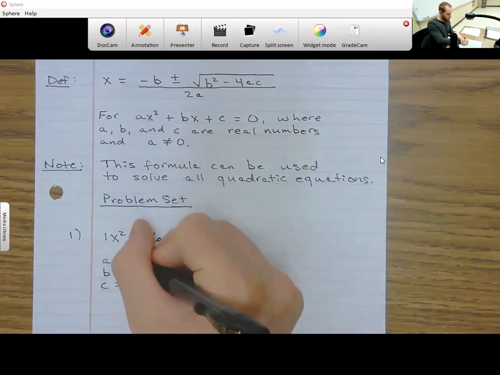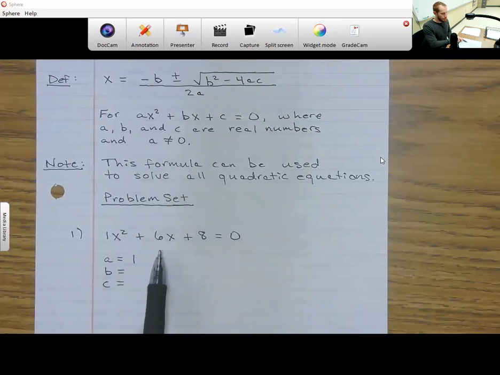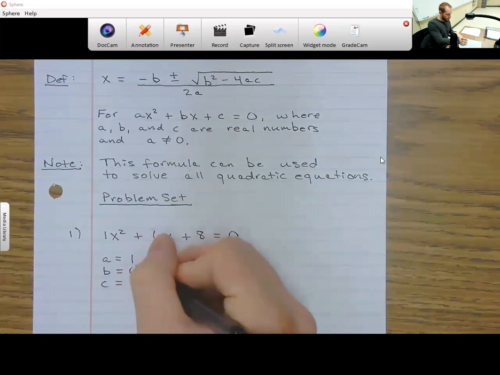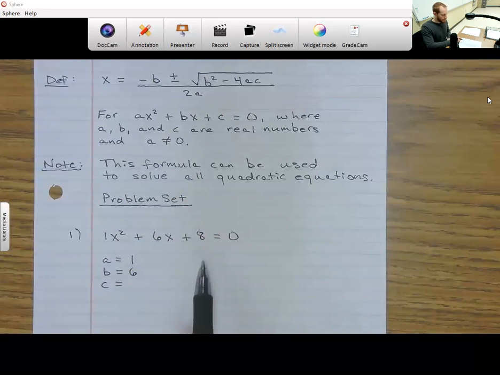So A is going to be 1. Then we have to figure out what B is. Well, B is always going to be the number in front of the x. So B is going to be 6. So A is 1, B is 6, and C is what? It's going to be that last number over here, right? The 8.